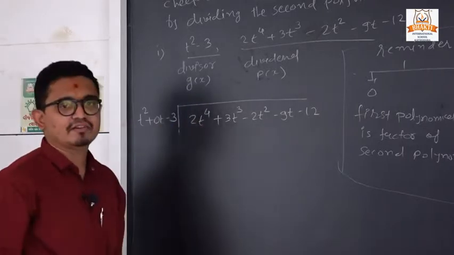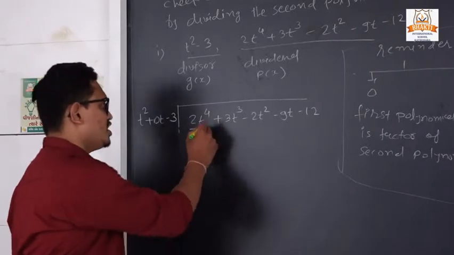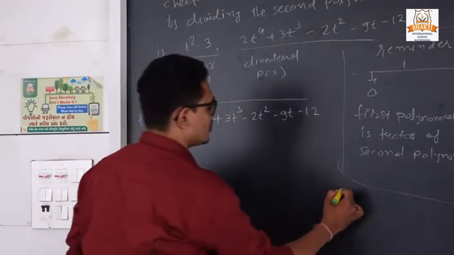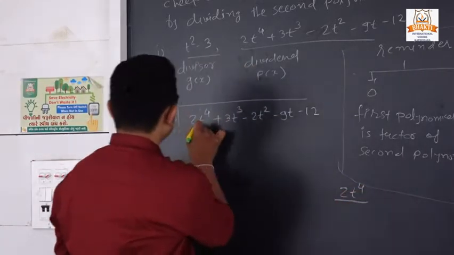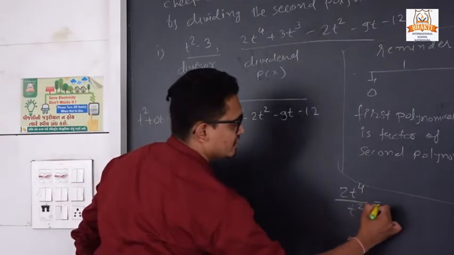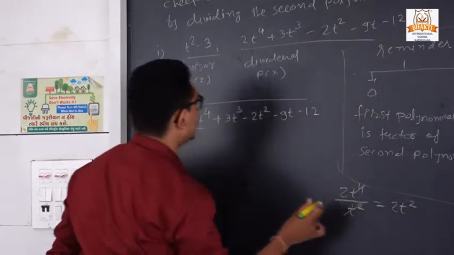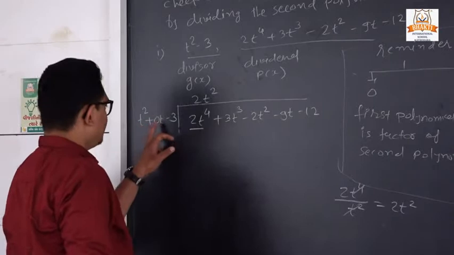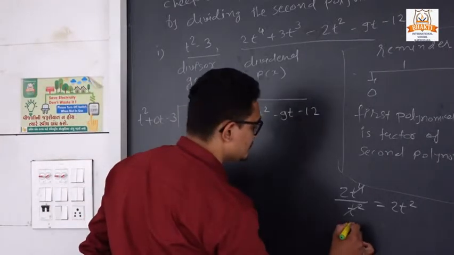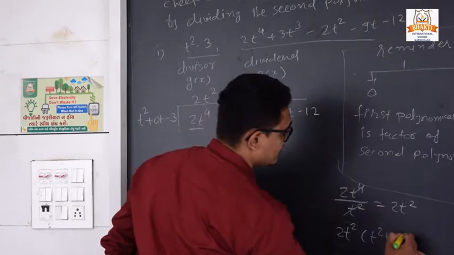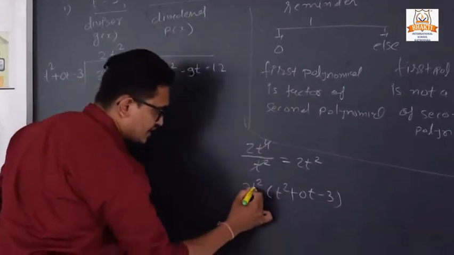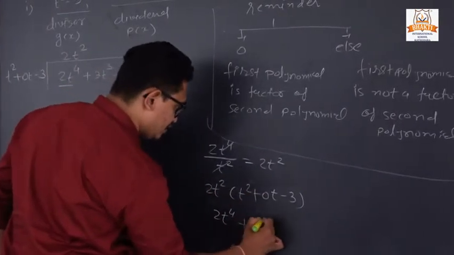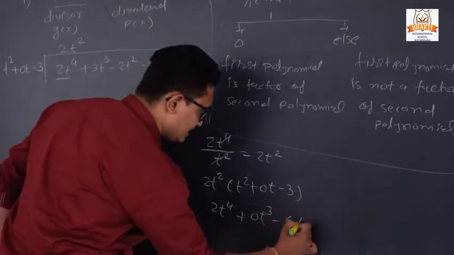Now we have the same method for polynomial division. The first term of the dividend is divided by the first term of the divisor. So 2t raised to 4 divided by t square, t square cancels, so we get 2t square. Here we write 2t square. Now 2t square is multiplied with these three terms: 2t square in bracket t square plus 0t minus 3. So t square into t square is 2t raised to 4, then 2t square into 0 is 0t cube, then 3 twos are 6t square.